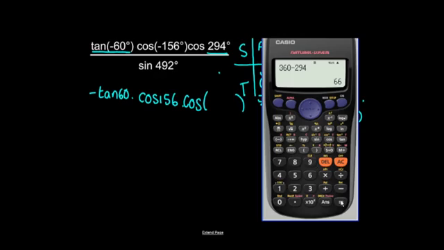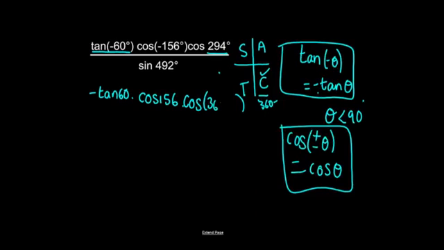And the answer is 66. So basically what I'm doing is I'm rewriting 294 using reduction as 360 minus 66. 360 minus 66 is the same as 294, and we see that it is in the fourth quadrant, and we'll deal with that reduction just now.